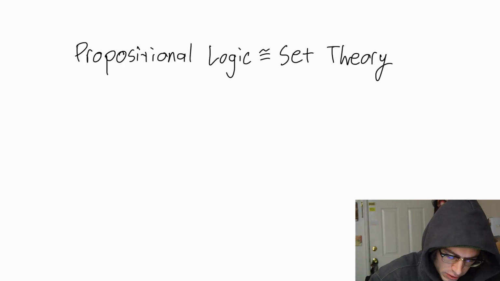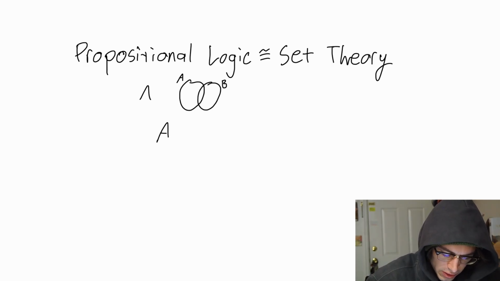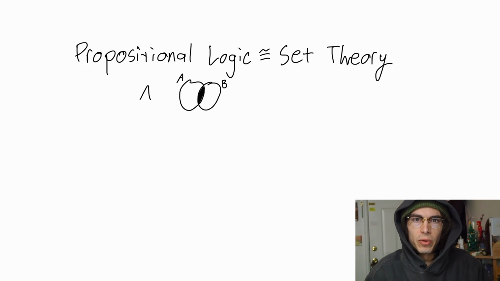So if you'll recall, conjunction I represented as two overlapping circles where we're trying to represent A and B. And I said that A and B was this region where the circles overlap, because both propositions A and B are true in that overlapping region.